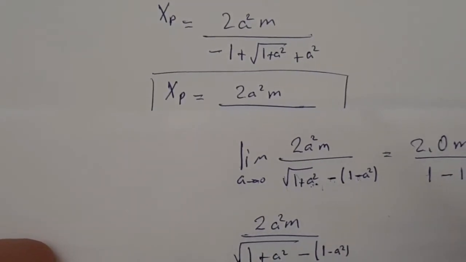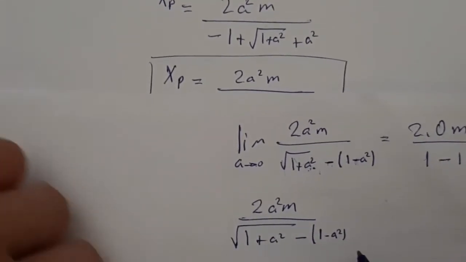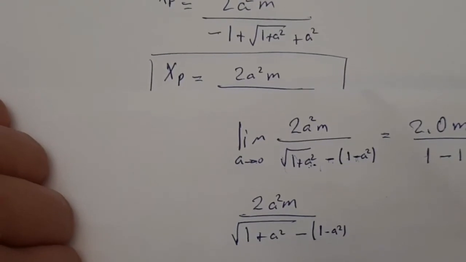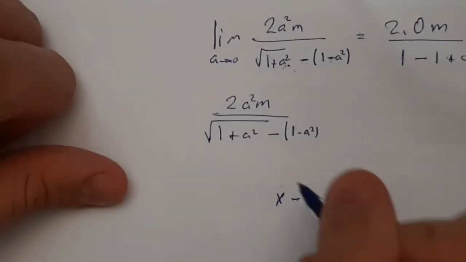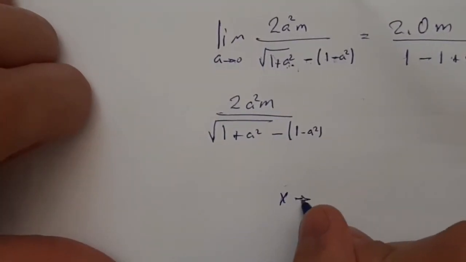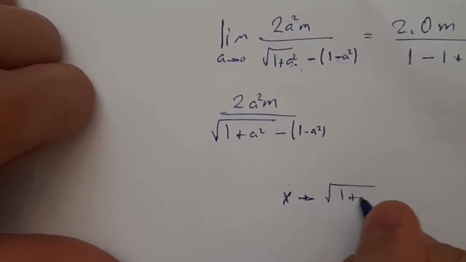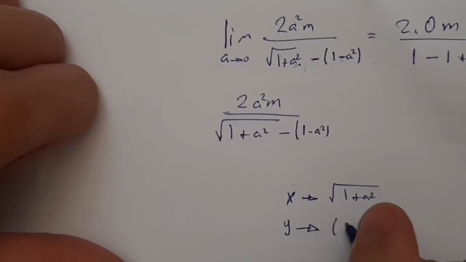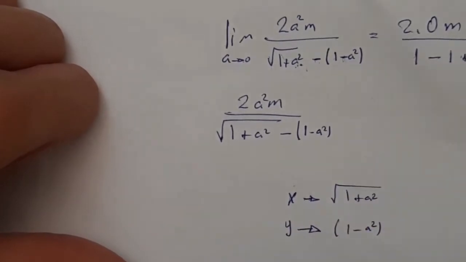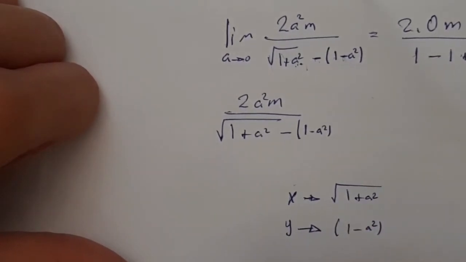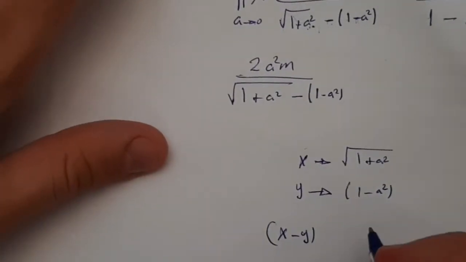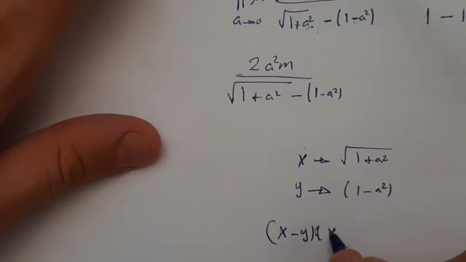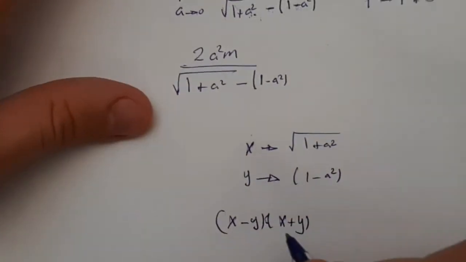Now notice, let's say x is this value over here, x is minus 1 plus a squared, and y is 1 minus a squared. Remember that x minus y multiplied by x plus y is equal to what?